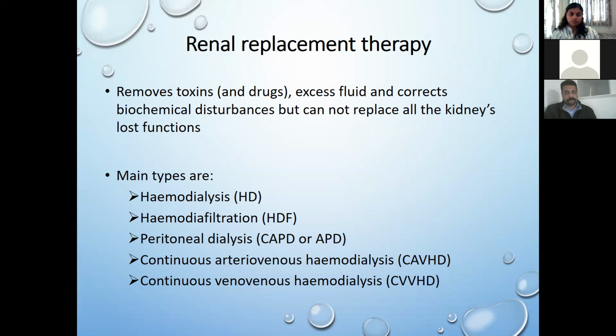And then in your intensive care units, you've got your continuous forms of hemodialysis, such as continuous arteriovenous or CVVHD. And these provide clearance all around the clock, so not just for 4 or 5 hours, but like 24 hours. All right.